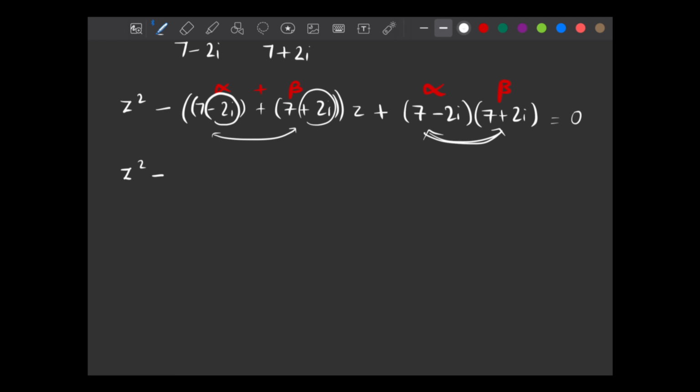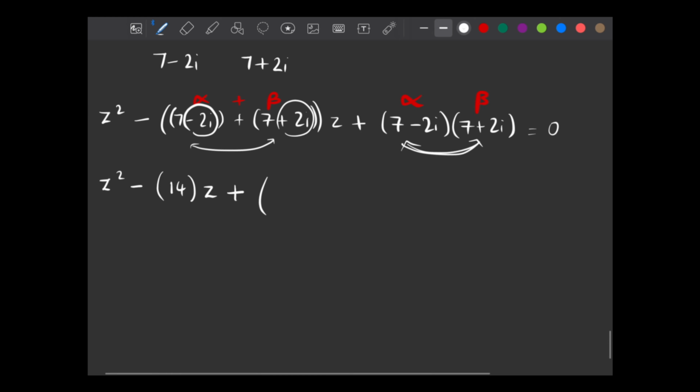We have z squared minus 7 minus 2i plus 7 plus 2i. So I've got two 7s added together, that gives me 14, and as we said, the minus 2i and plus 2i cancel out, so 14z plus, let's multiply out these two brackets now, so a squared minus b squared. So we've got 49 minus 2 squared is 4, i squared is minus 1.